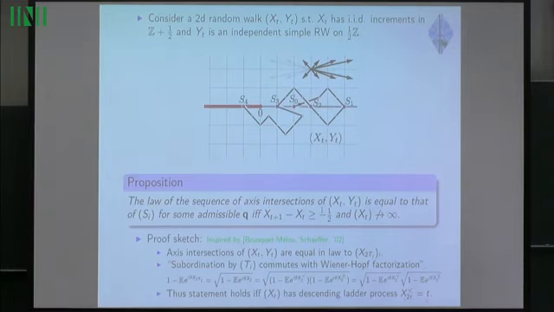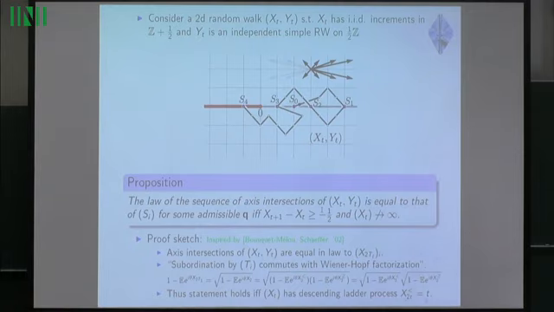And the basic idea is that if we want to look at the axis intersections, because those are supposed to correspond to this random walk, then we have to take the horizontal process x and take its values every time that y is equal to 0. So that corresponds to subordinating x by this process T of I.